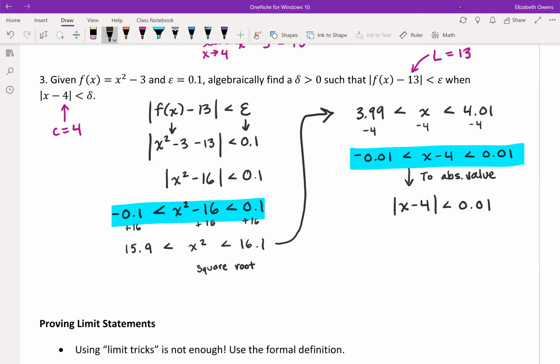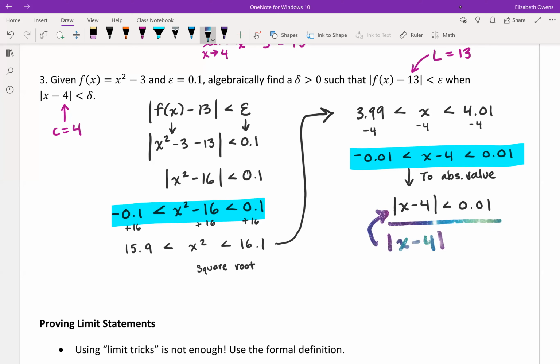And that matches up exactly with the type of statement that involves delta. The absolute value of x minus 4 is less than delta. Well, the absolute value of x minus 4 is less than 0.01. So let me write that in here.